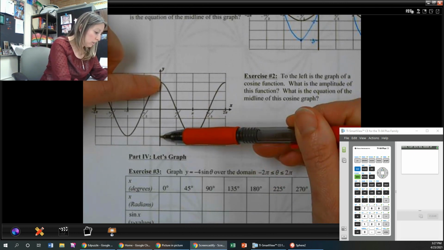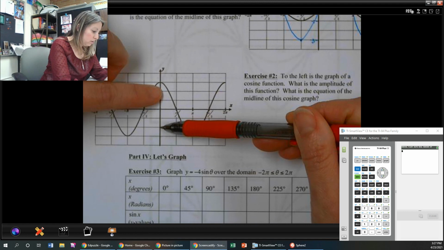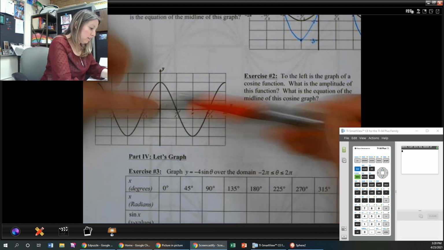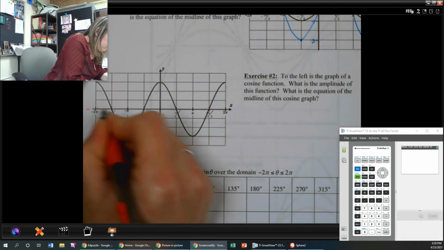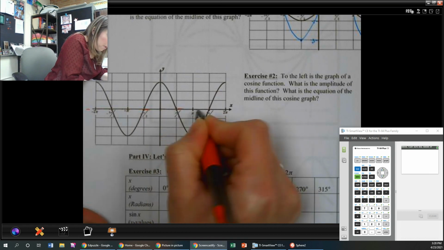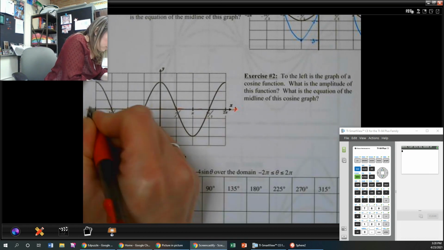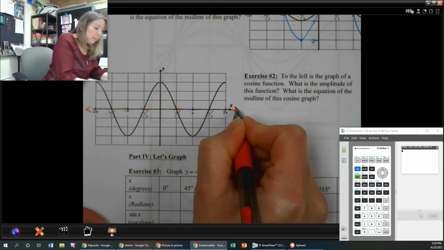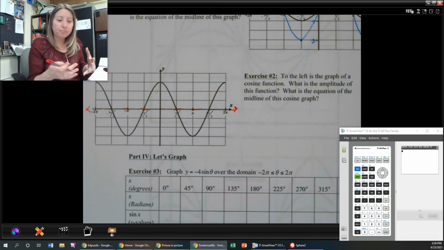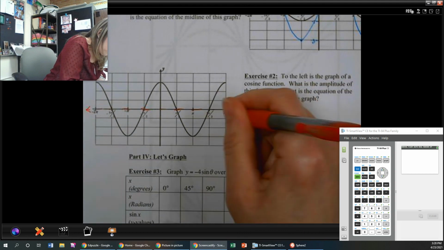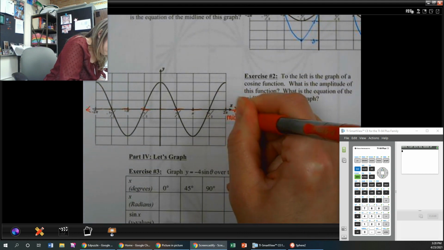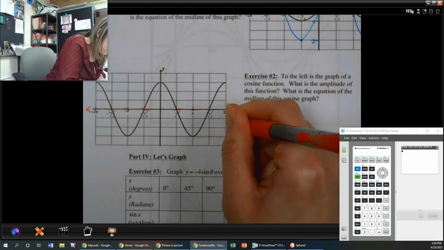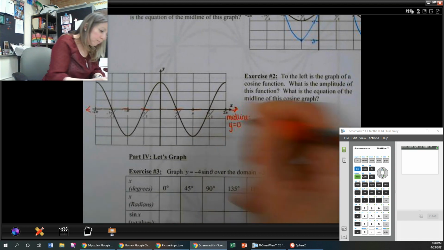So if I count in 1, 2, 3, here is my midline. Notice my midline, kind of like an axis of symmetry. It is an axis of symmetry, but it is a dotted line, okay? So here's my midline, and it's y equals 0 again.